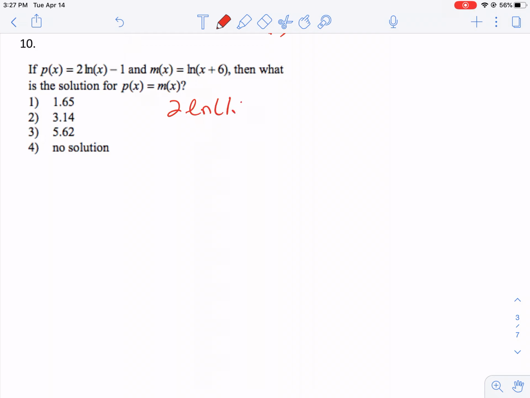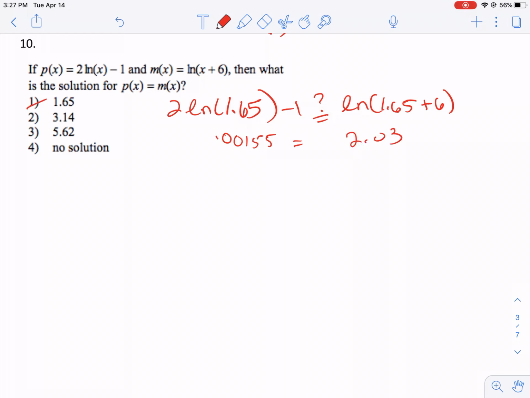2 log of 1.65 minus 1 is supposed to be equal to the log of 1.65 plus 6. Alright, let's check it out. 2 ln 1.65 in parentheses minus 1 is 0.00155, and log of 1.65 plus 6, and I get 2.03. Not that one. Alright, let's check the next one.